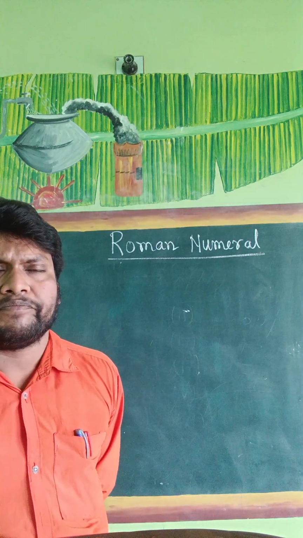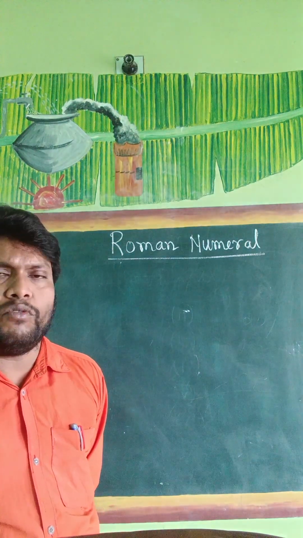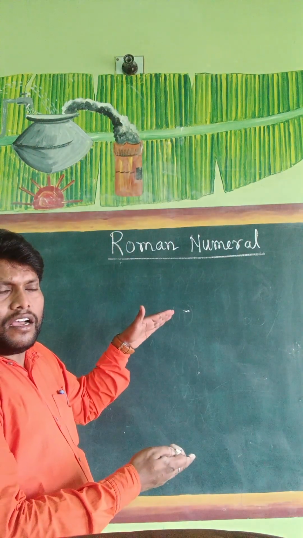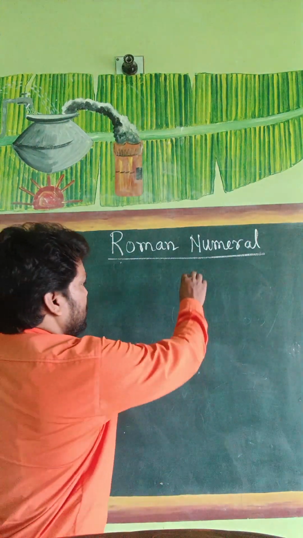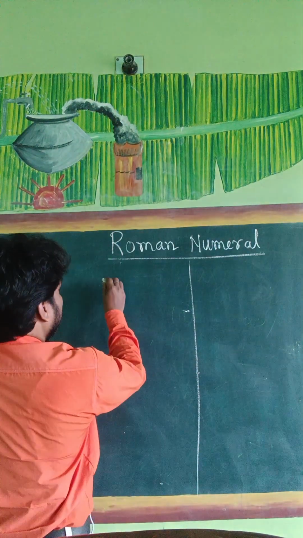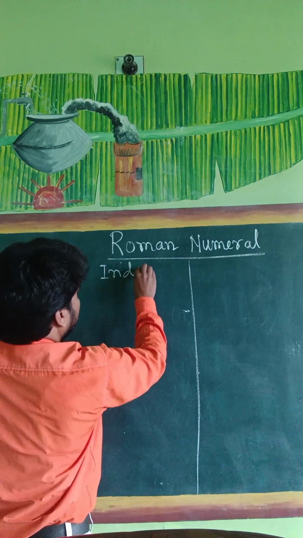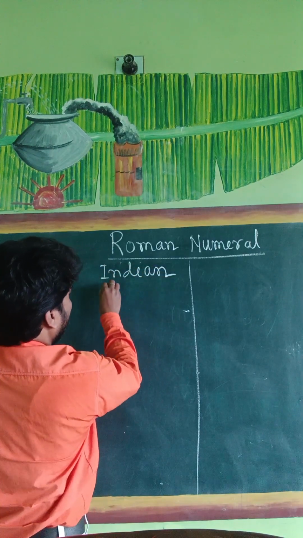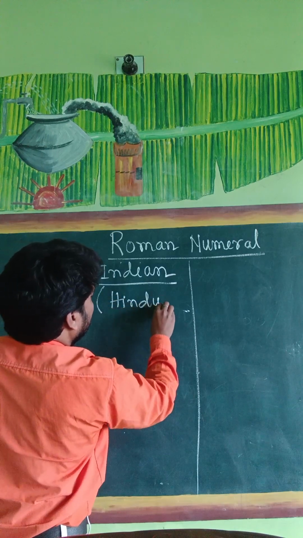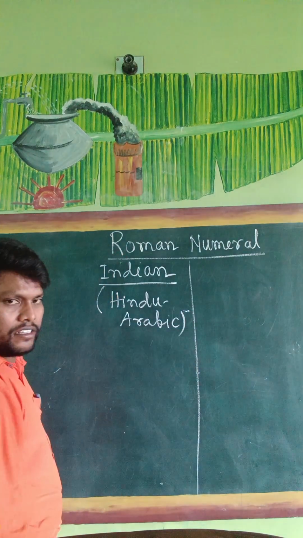There are some rules to write the Roman numerals. I am telling you by comparing. Suppose to the left side it is Indian. Indian numerals are also called Hindu Arabic numbers.